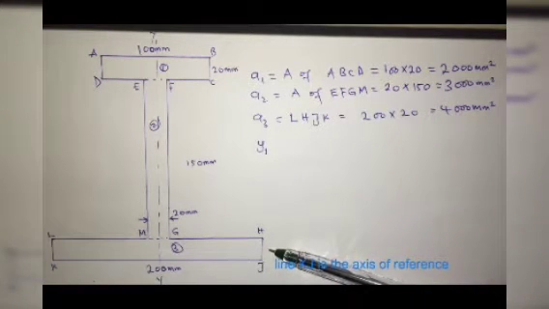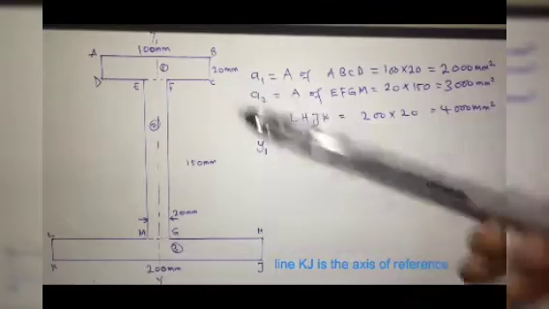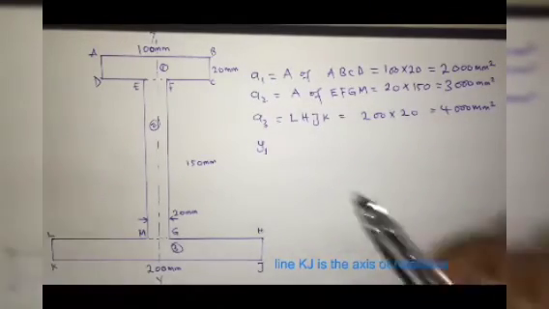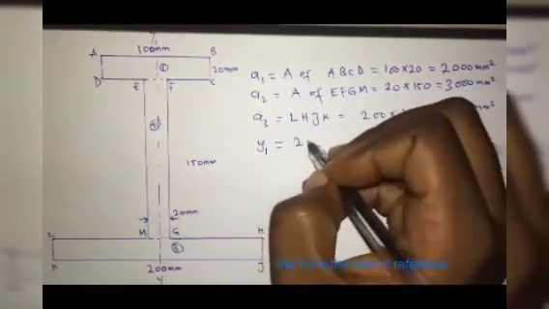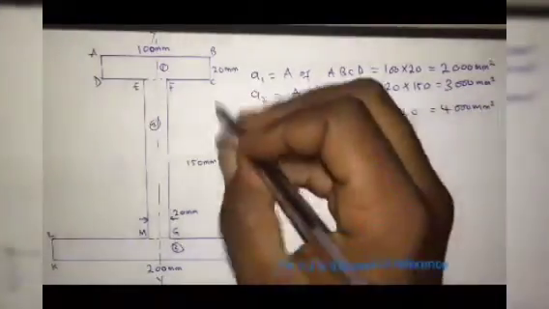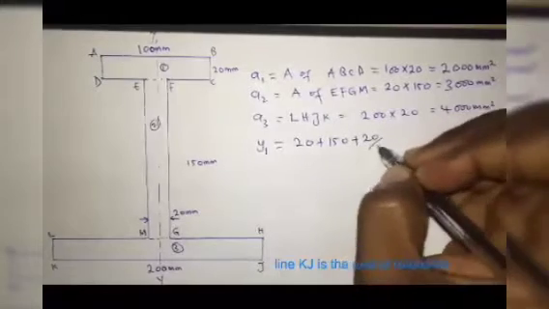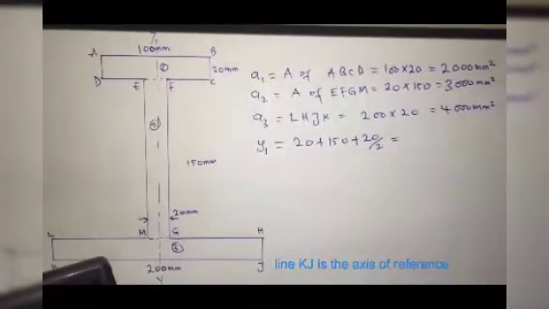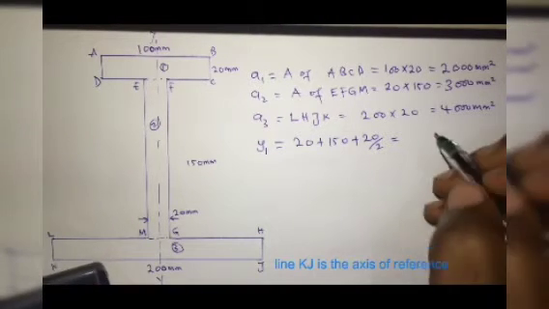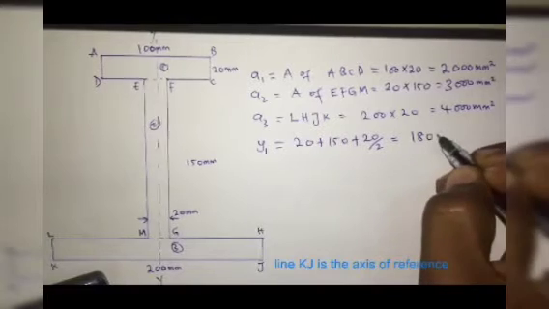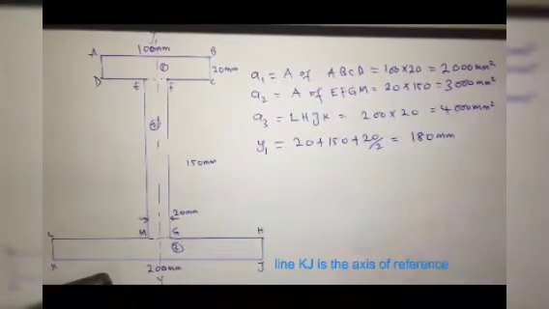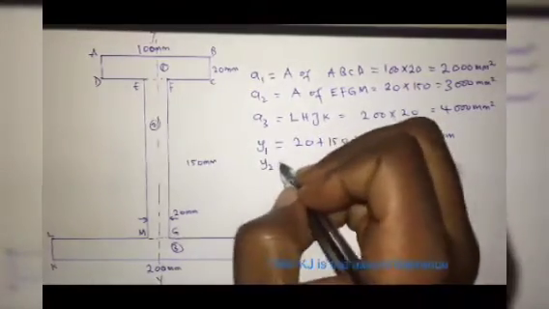To get this, you add JH, which is 20, then GF, which is 150, then half of BC, which is 20 over 2. After computing everything, we have 180 millimeters as the value of y1. That's the distance of the centroid of rectangle 1 from the axis of reference.